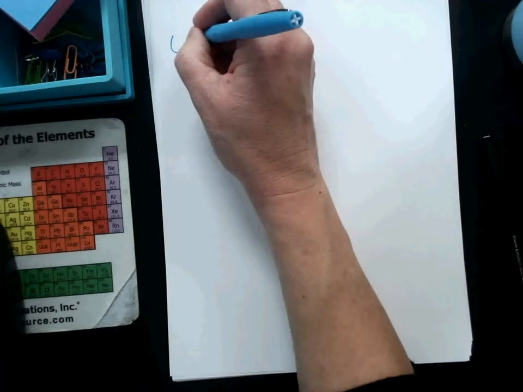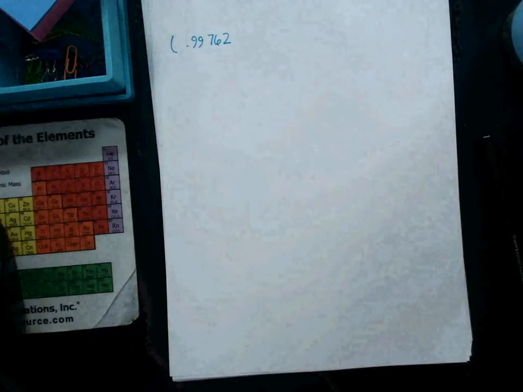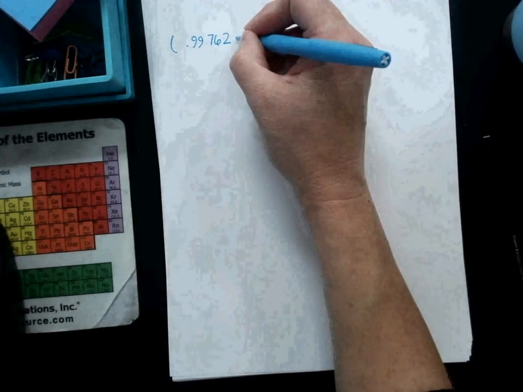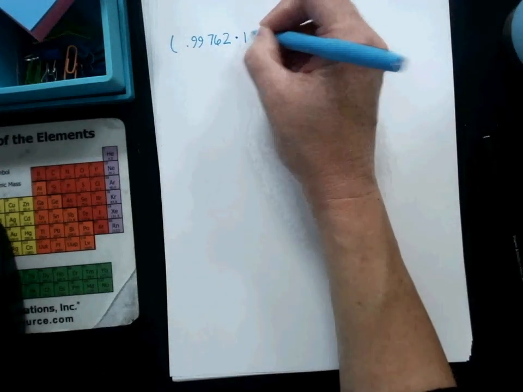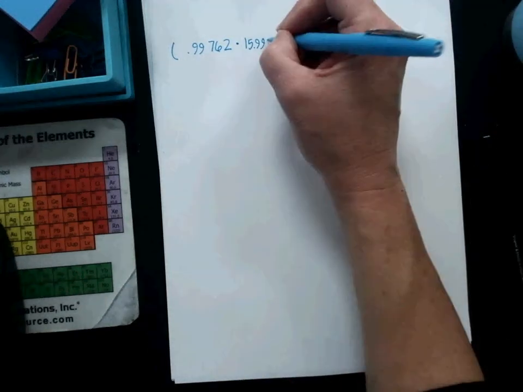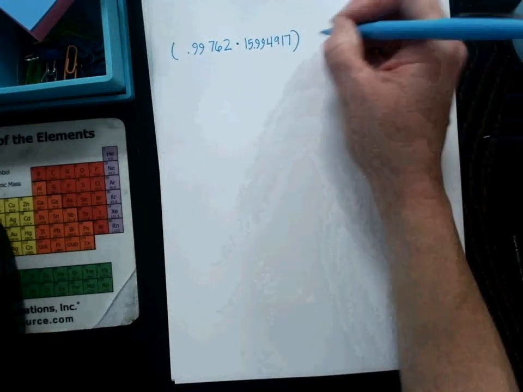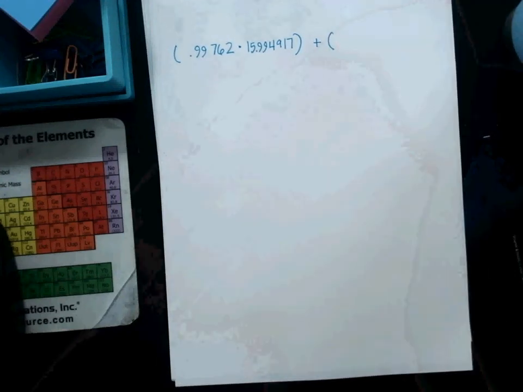I put 0.99762. I changed my percent to a decimal times 15.994917. Okay, and then I put my parenthesis on, and then I did plus.